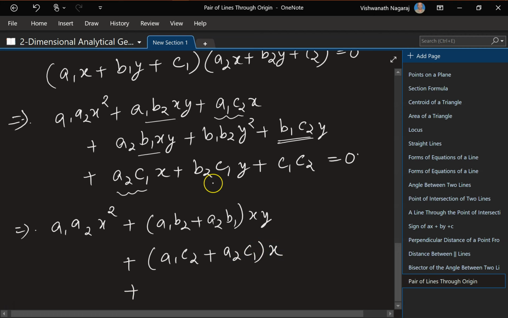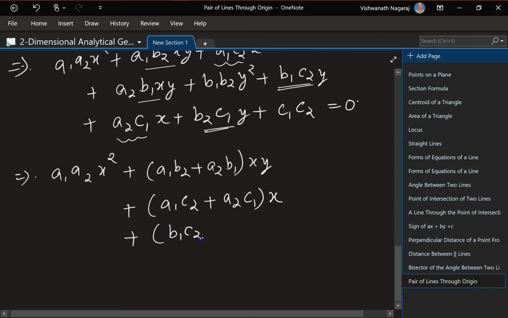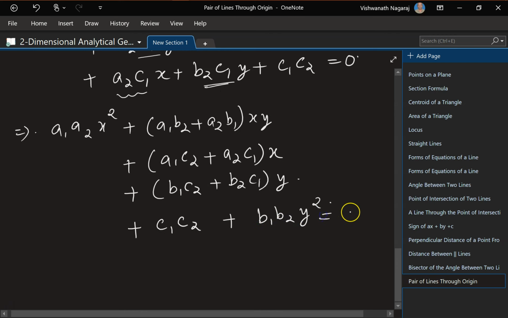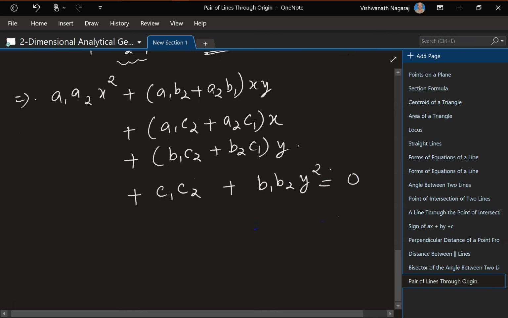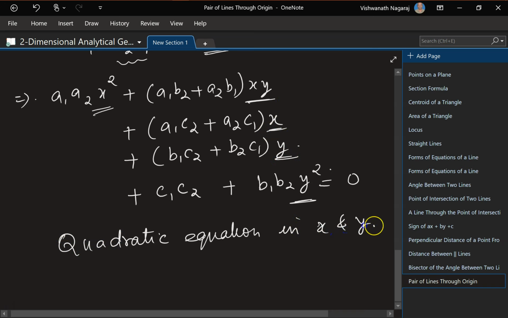Now y is this, (b1 c2 plus b2 c1) y plus c1 c2 and plus b1 b2 y square is equal to 0. Now here this is again a quadratic equation in x and y.